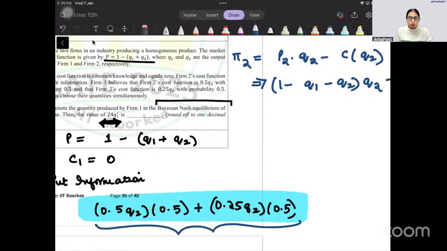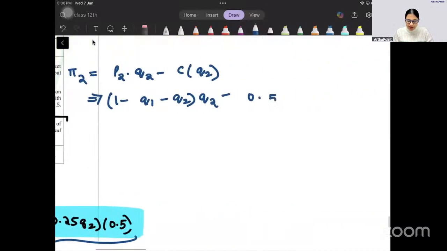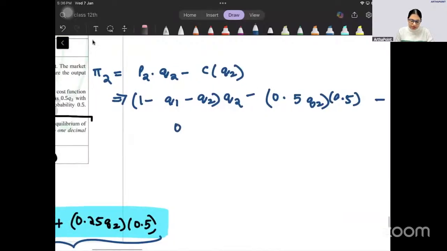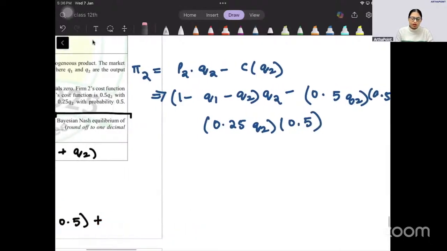According to firm 1, this is the cost. So cost will be 0.5 Q2 into 0.5 and 0.25 Q2 into 0.5. Just maximize this once. What are you going to get?